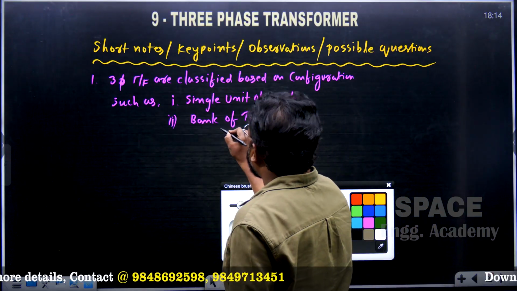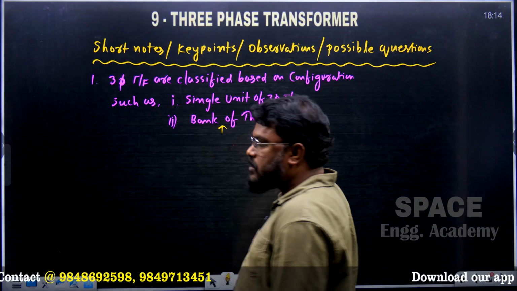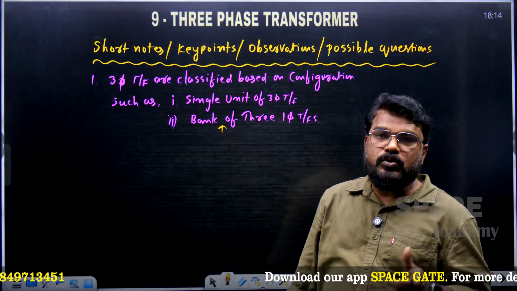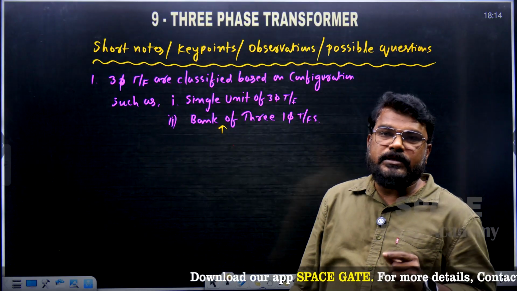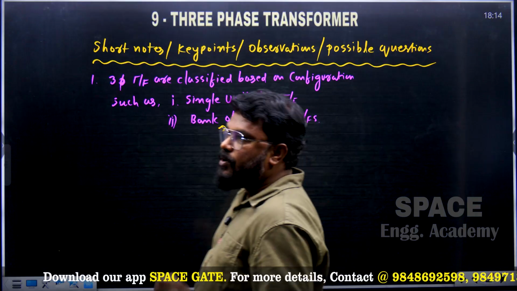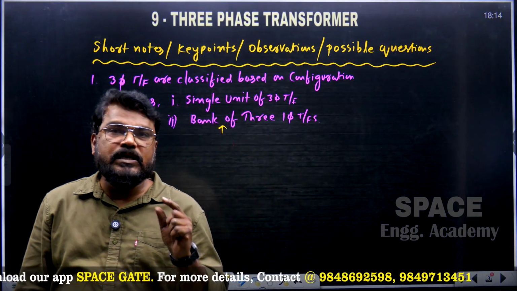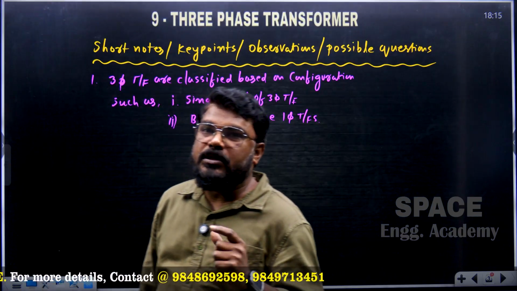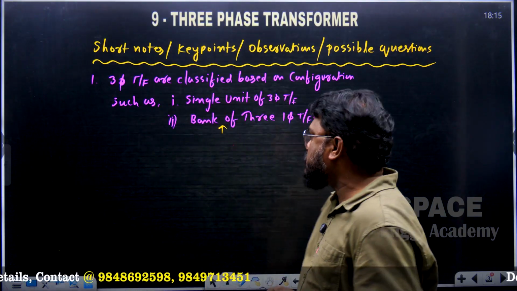In a bank of three single-phase transformers, three single-phase transformers are used to transfer the three-phase power from source to the load. In a single unit of three-phase transformer, a single unit of the structure is designed to transfer the three-phase power from the source to the load.